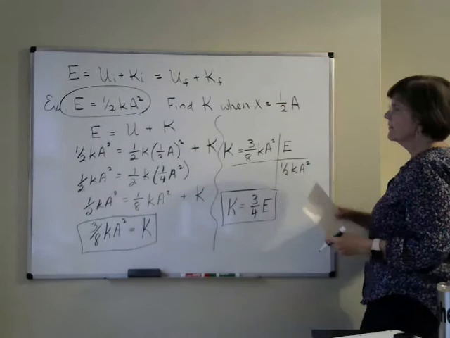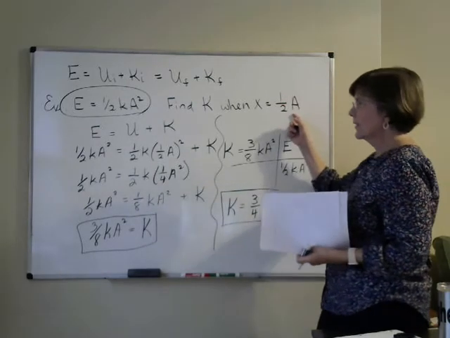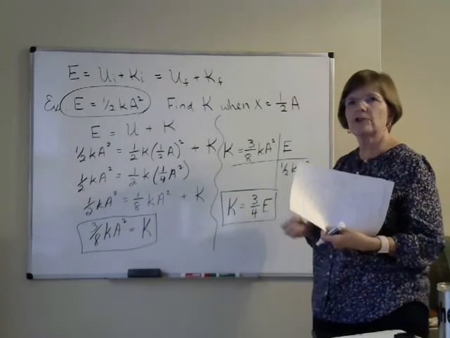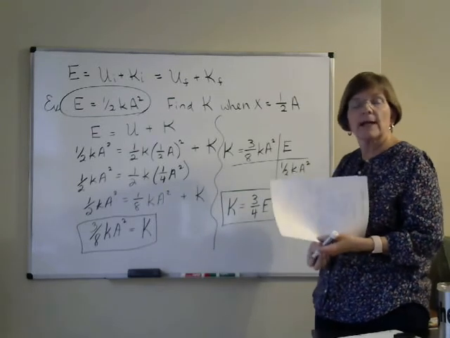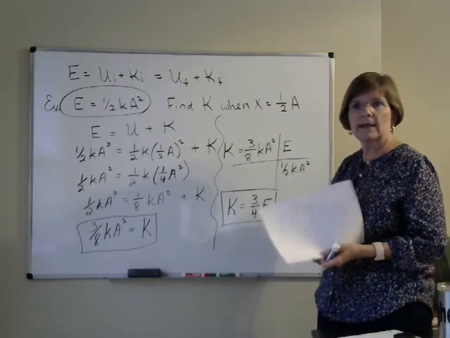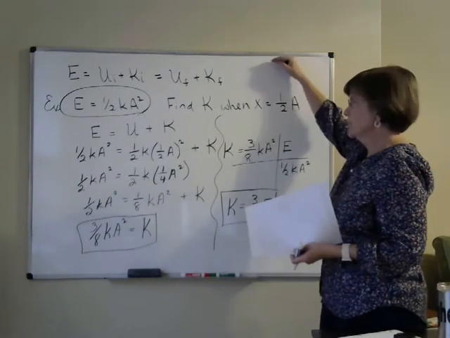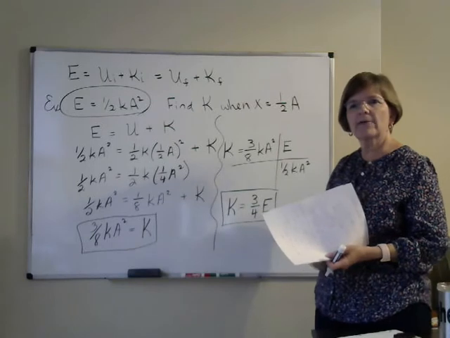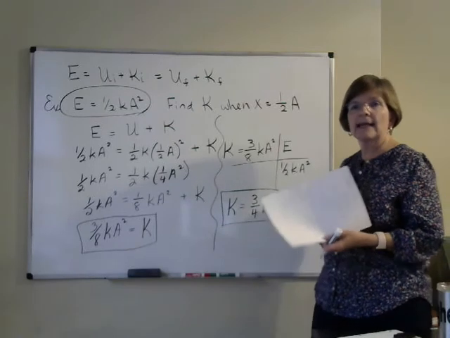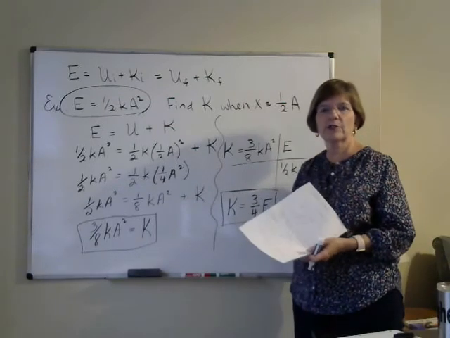So, even though you might think at the halfway point, half the energy would be potential and half would be kinetic, that's what happens if you're dropping something where it starts off with mgh and it all turns into kinetic on the way down. At the halfway point, it has exactly half of the potential energy it used to have.